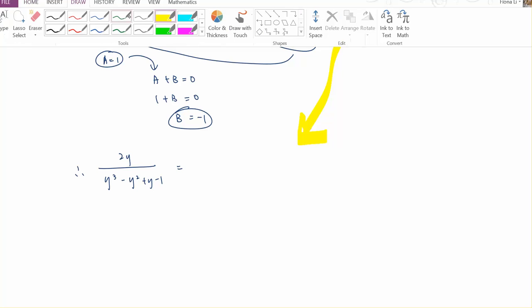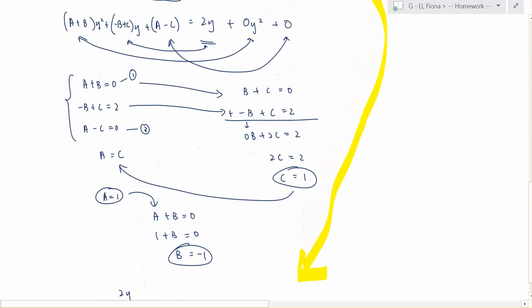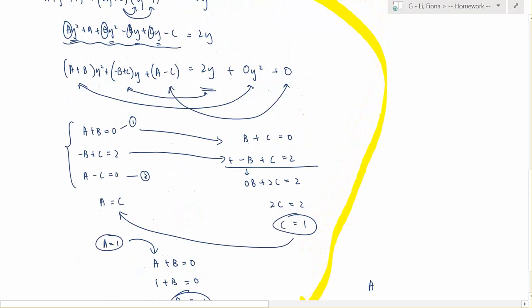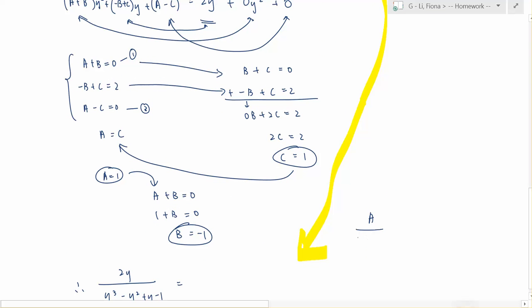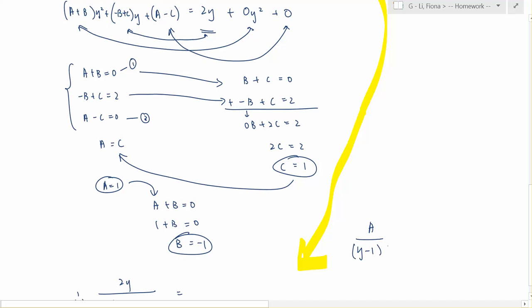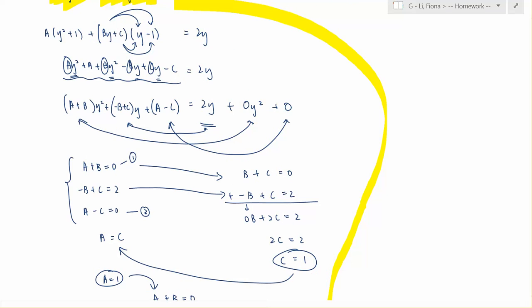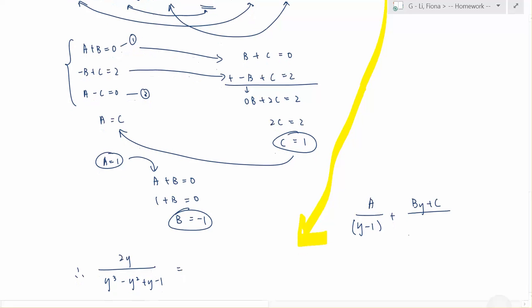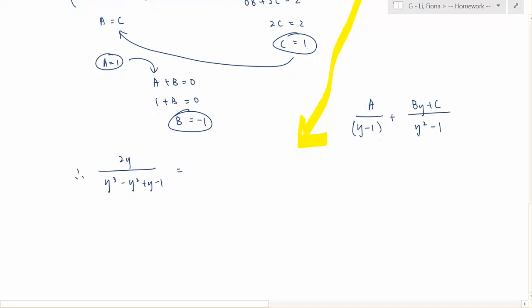So all we have to do is to plug the numbers back in. And so we initially say that A over y minus 1 plus By plus C over y squared plus 1 is our partial fraction.